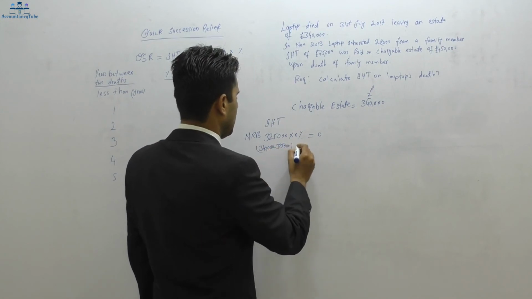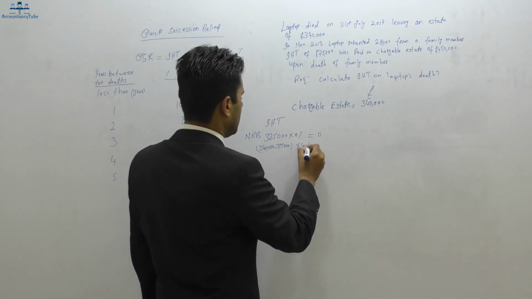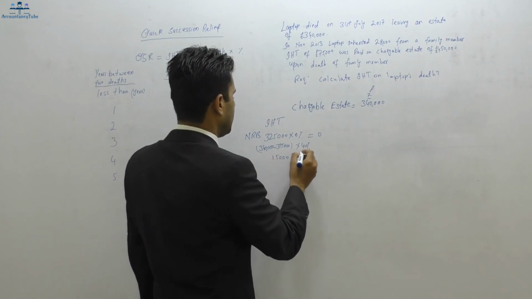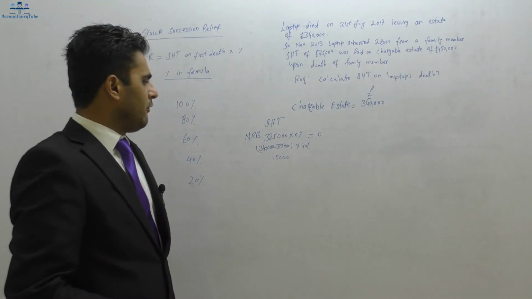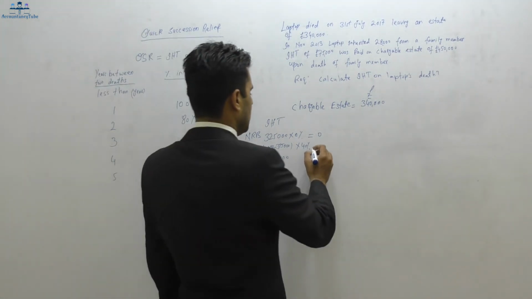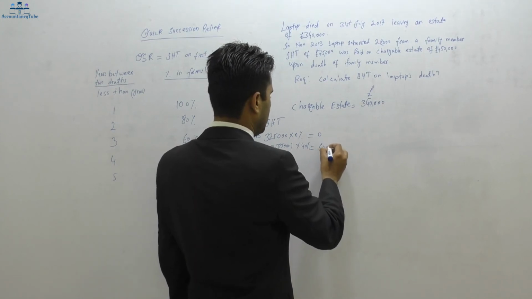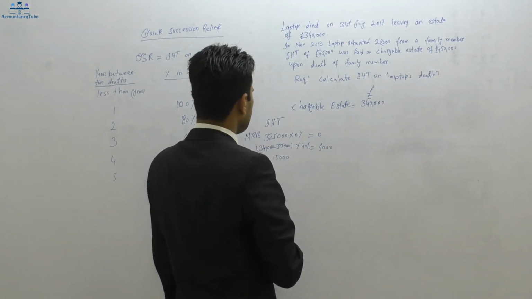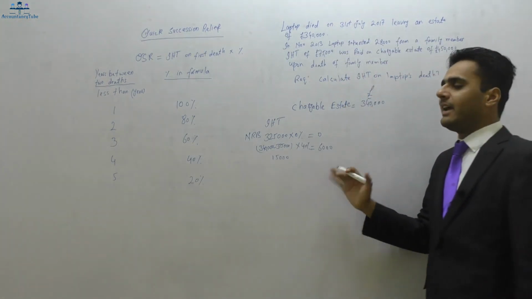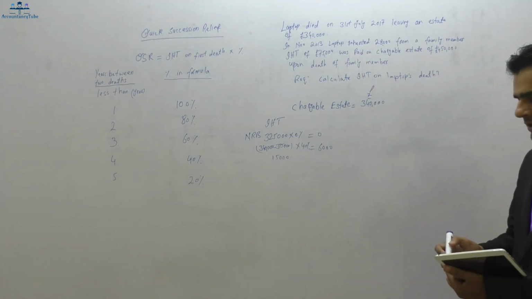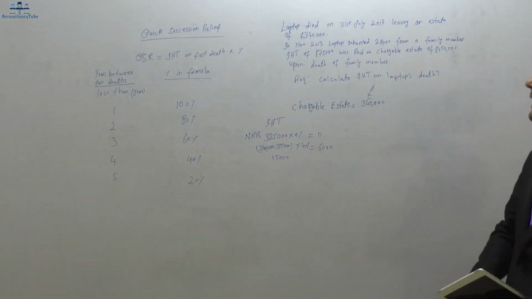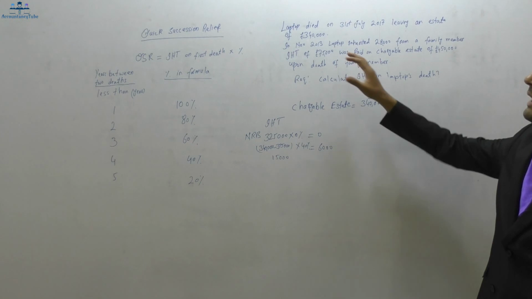It is at the rate of 40%. We know the amount is going to be £15,000. So that £15,000 at the rate of 40% gives me the total of how much? £6,000. Now inheritance tax is £6,000 on the chargeable estate of £340,000, right? That is the inheritance tax for laptop.